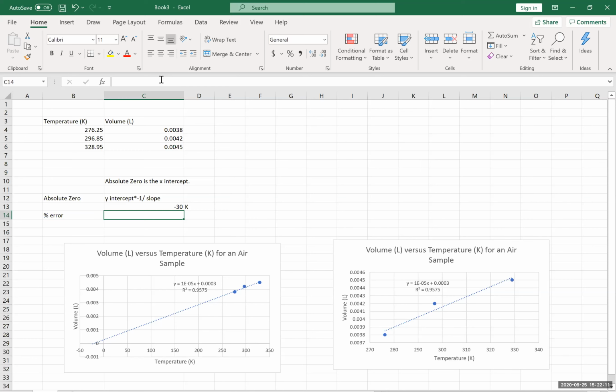So if we wanted to do a quick percent error calculation, we take our -30 minus 0. Let's write this -30 in terms of Celsius.